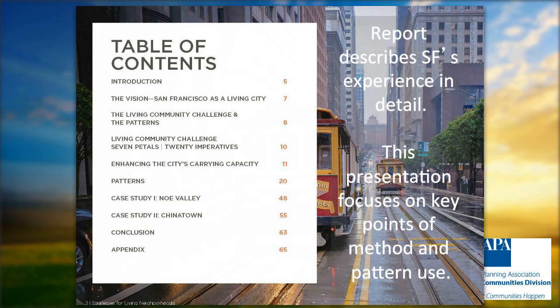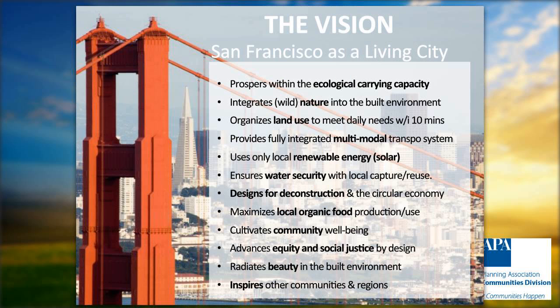So, coming out of the work we did with the Institute, we ended up with a sketch draft of a possible vision for San Francisco as a living city, and I think the key parameters there are illustrative.